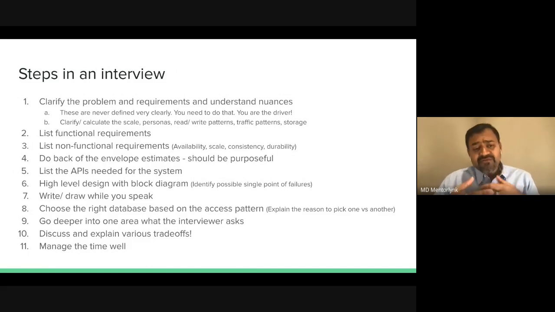Then, of course, once you have laid these things out, you would go deeper into one area, because the interviewer is not looking for this high-level thing and one database you have identified and laid out. That's not it, right? They probably will go further and ask you to focus on one particular specific area, where they will say, you know what, why don't we design the database tables, or why don't we design a notification service, something beyond what you have just laid out.